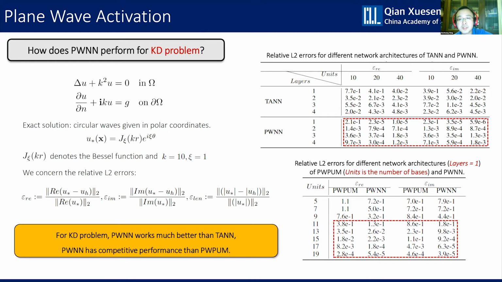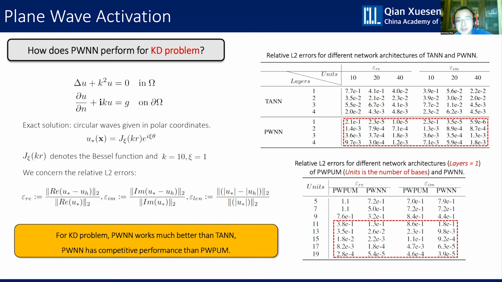For the first table, we can see that our method works much better than the traditional activation method for the Helmholtz problem. This verifies our motivation, that the plane wave activation can actually increase the representability.